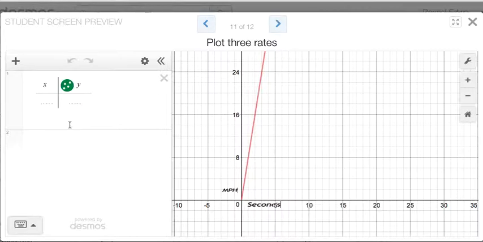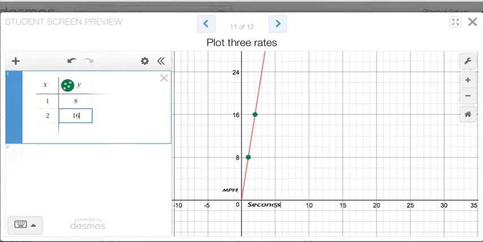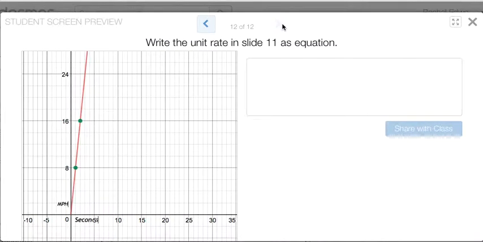And let's say, look, x is 1. So after 1 second, the miles per hour is 8. And then I want them to find another one. Again, 2 to 16, and so on and so forth. On the last slide, they will write their unit rate. And again, that's my challenge one to see if they fully and truly understand it.